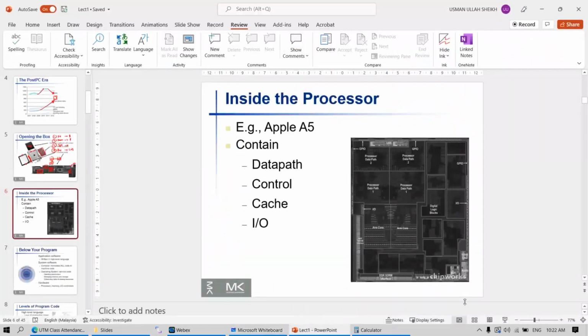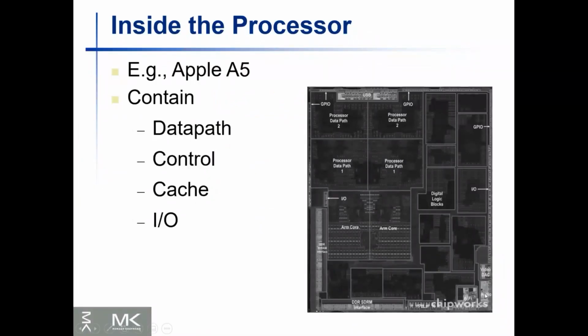So let me cover a few more slides before I give you a break. Let's quickly look at Apple's A5 chip here in the slide. Based on our understanding, it's very easy to see. We have some CPU cores there, the ARM microprocessor core inside. We have some processor data path here.